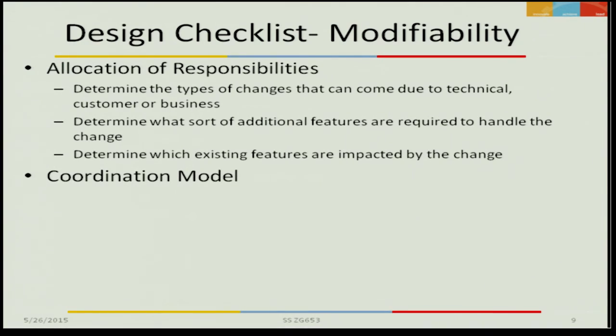Now, after determining all this, the design of those features, those modules or components, must take such change requests into account. They must be designed in such a way that they can handle the impact on a feature, or handle it if a new feature is created, with minimal impact on the rest of the system.